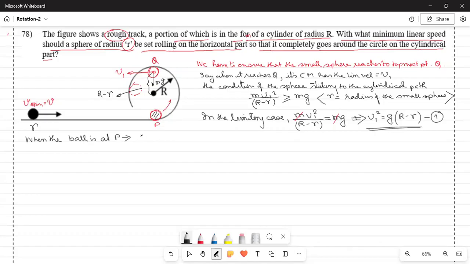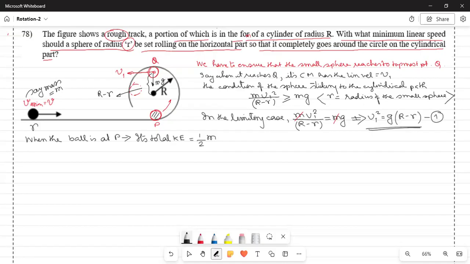The rotational kinetic energy is half I omega square, and the translational kinetic energy is half mv square, where we have considered its mass as m.